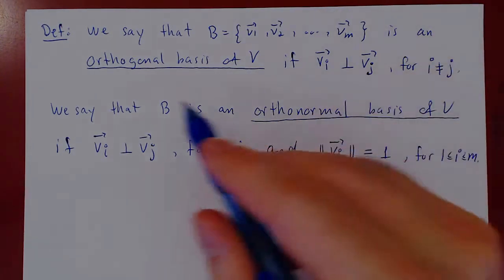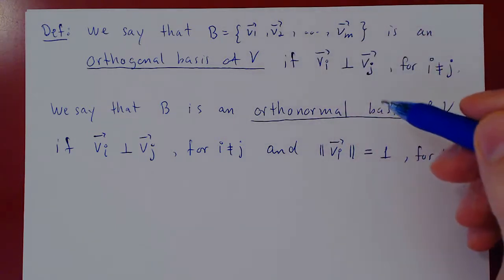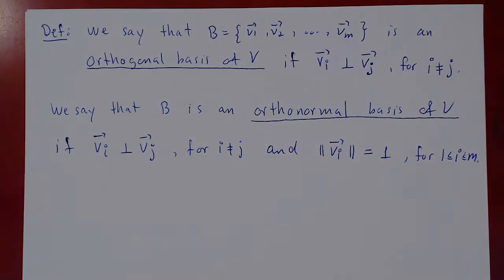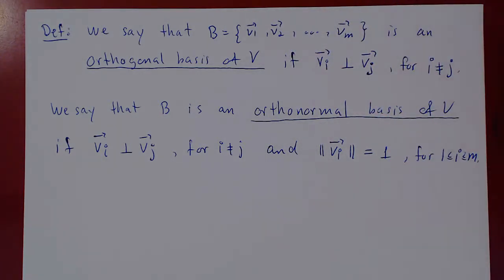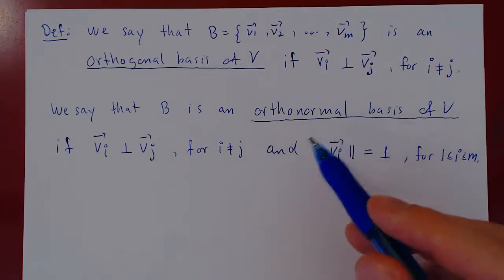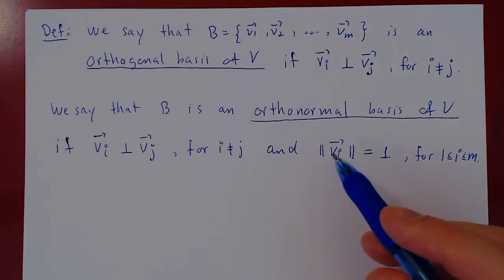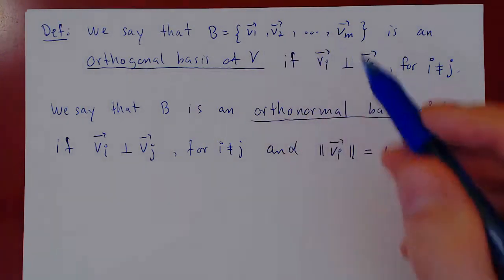So orthogonal is simply that the vectors are all perpendicular to each other, but the length of v1 could be 17, the length of v2 could be 1/3, and so on. Orthonormal is that the vectors are perpendicular to each other, and on top of that, they are all unit vectors. The length of each basis vector is equal to 1.